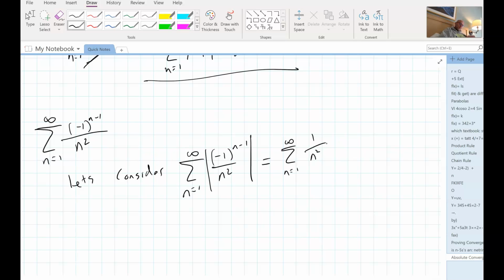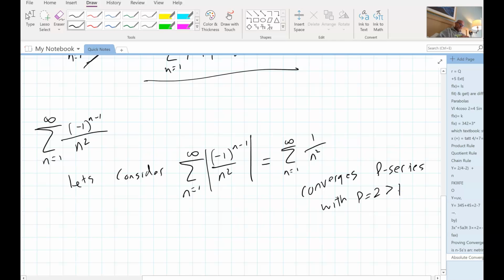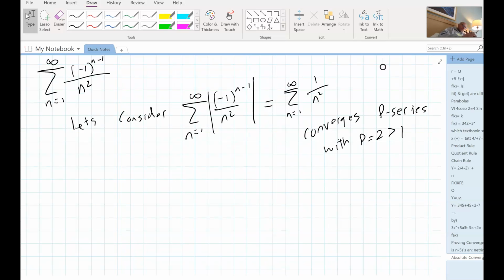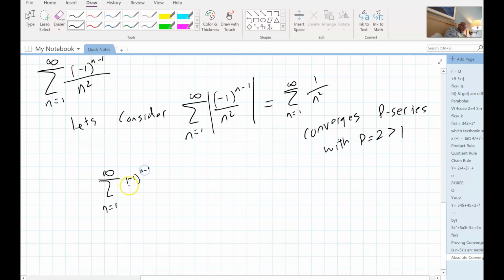And we know that this converges because it's a p-series with p equal to 2, which is greater than 1. Therefore, this series, n running from 1 to infinity of negative 1 to the n minus 1 over n squared, converges absolutely.